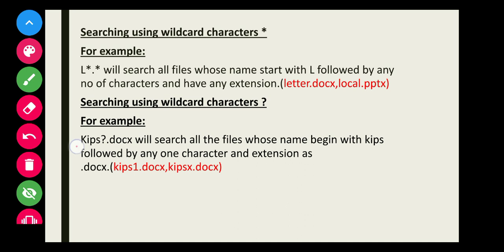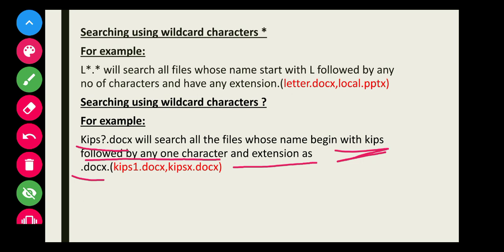Suppose we have taken one example here, KIPS question mark .docx. This will search all the files whose names begin with KIPS followed by any one character. In case of asterisk, it can be followed by any number of characters, meaning 1, 2, 3, 4, 5. But in case of question mark, it is followed by only one character and the extension.